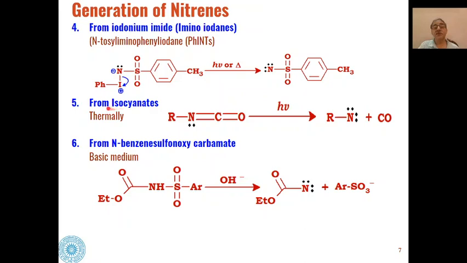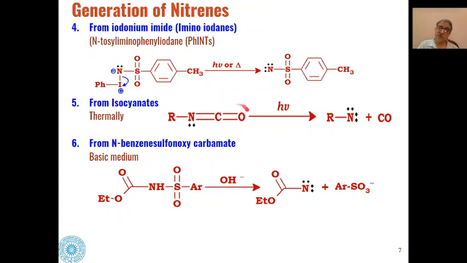Then the fifth type of reaction is from isocyanates. So when isocyanates are either heated or irradiated with UV light, they are converted into alkyl nitrenes with the elimination of one molecule of carbon monoxide.